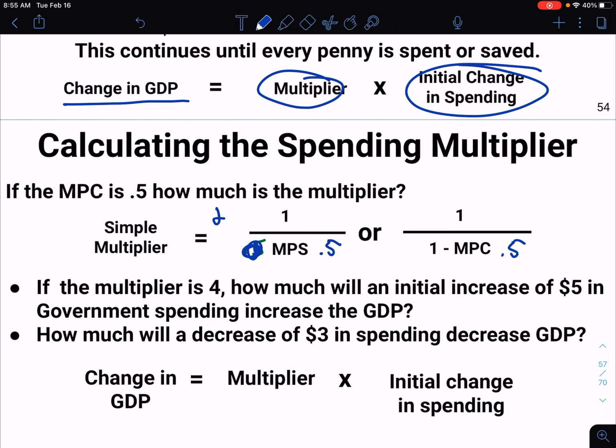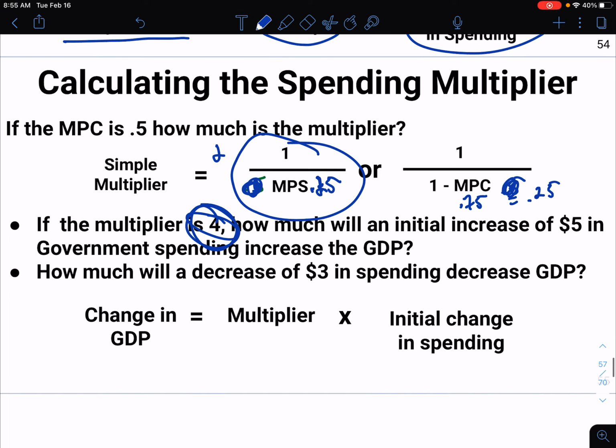Now, in the example here in the PowerPoint, we have a multiplier of 4, which would mean that we had an MPS of 0.25, or 1 minus MPC, so MPC would then be 0.75, which would equal 0.25. That would give us 1 over 0.25, which gives us this spending multiplier of 4.